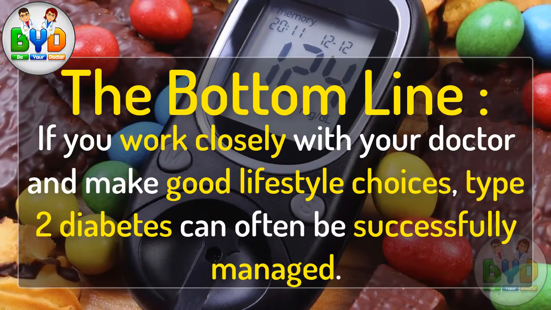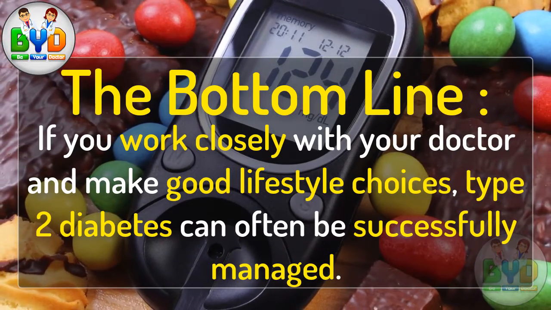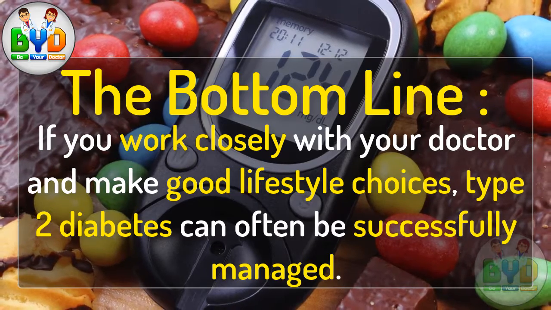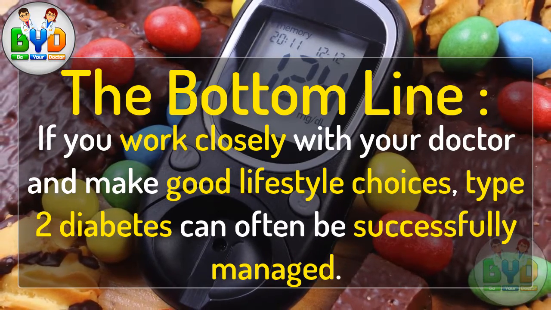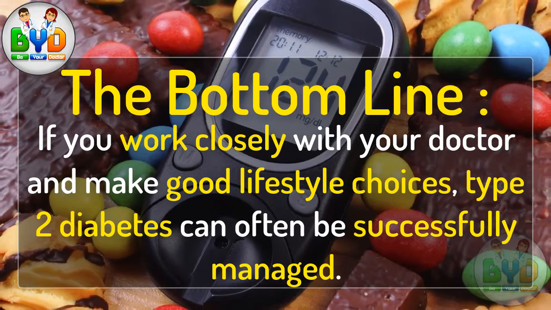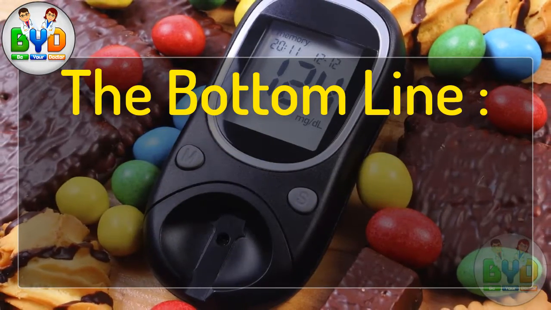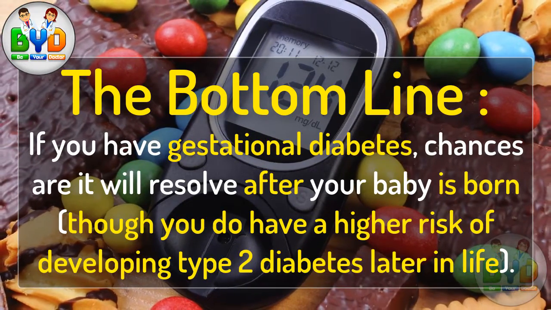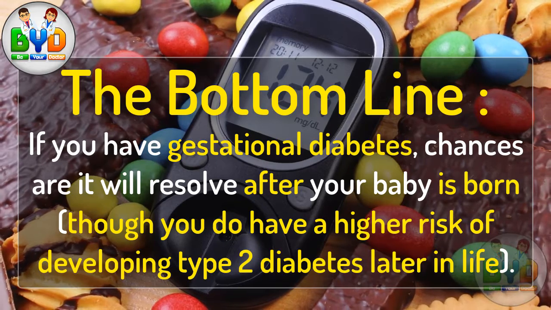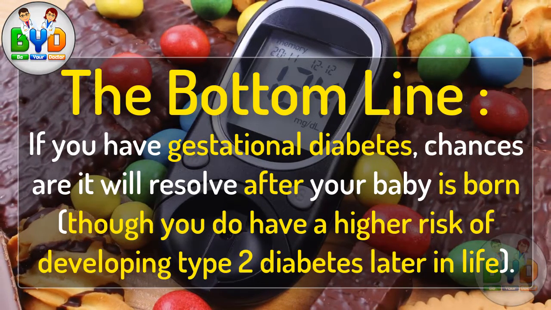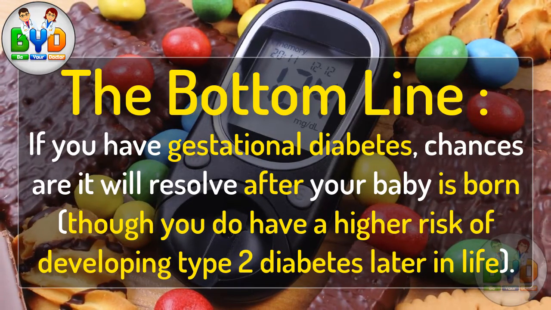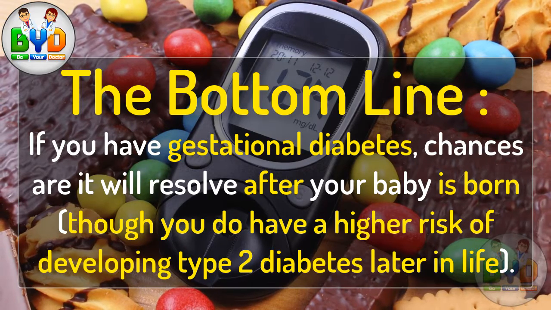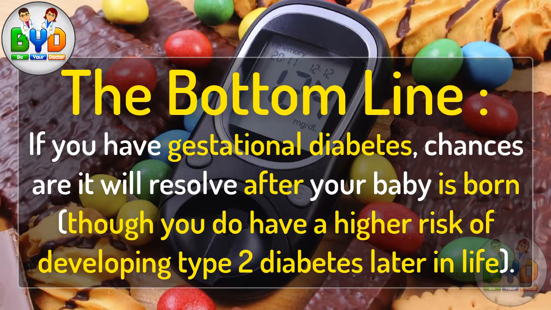If you work closely with your doctor and make good lifestyle choices, type 2 diabetes can often be successfully managed. If you have gestational diabetes, chances are it will resolve after your baby is born, though you do have a higher risk of developing type 2 diabetes later in life.